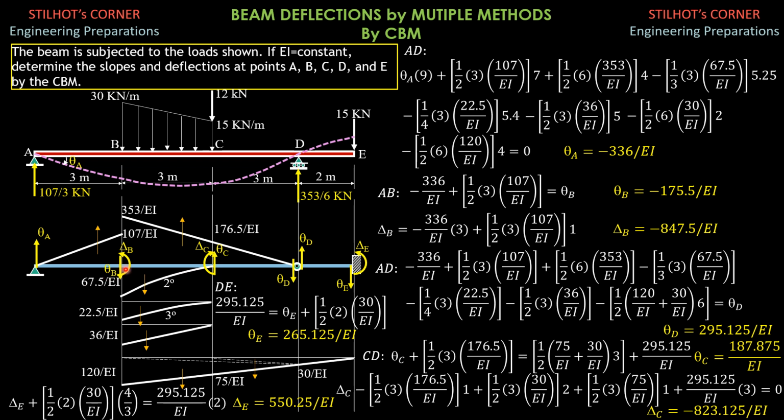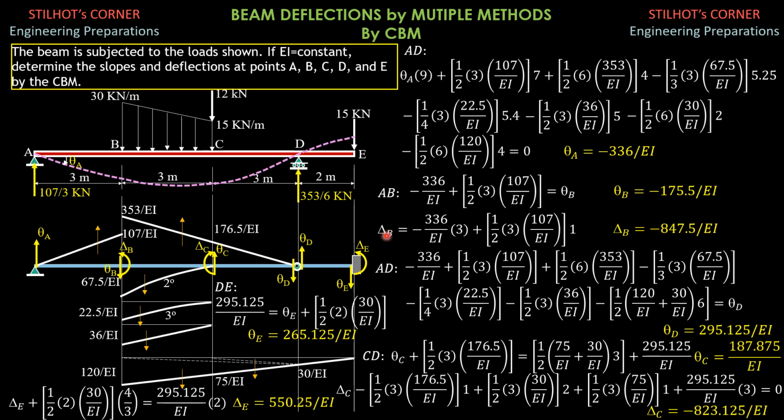Then summation of moments about B equals 0, counterclockwise positive, so we have delta B counterclockwise equals clockwise moment. So delta B equals theta A times 3 plus 1/2 of 3 times 107 over EI times 1.